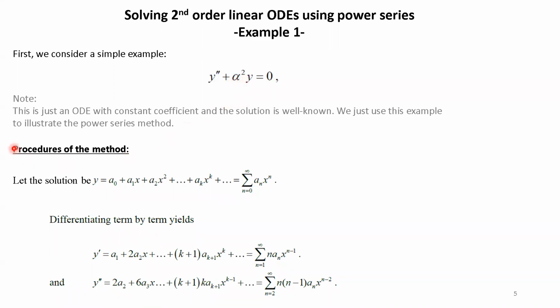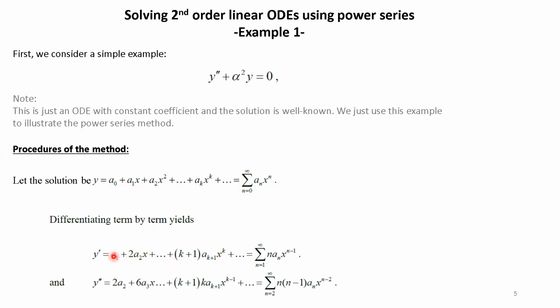The general procedure of the method, as I told you already, is that I let the solution be a power series like this. Of course, we expect this is a convergent power series, so that's why we can differentiate it term by term.